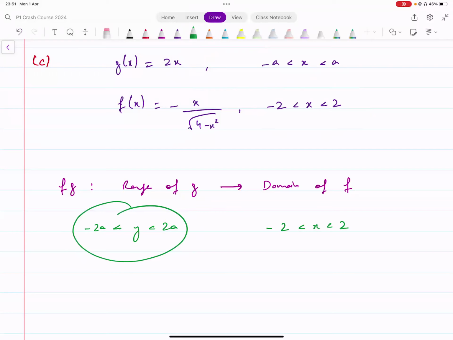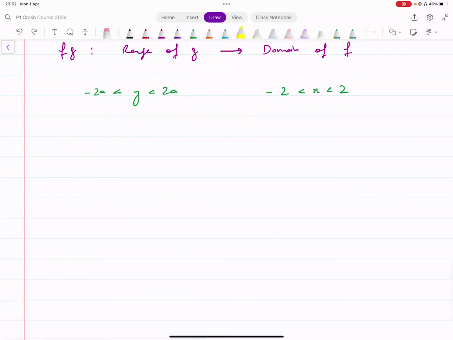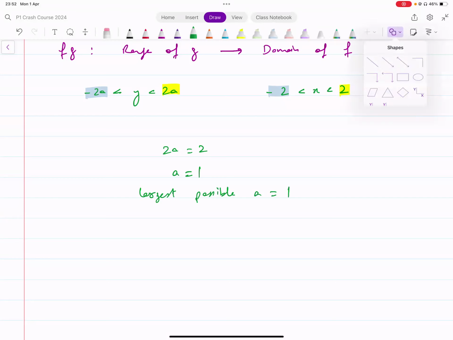Now, since all of it has to be part of the domain of f, what does that mean? 2a should correspond to 2. Minus 2 should correspond to minus 2a. You can use any of those two numbers. You can say 2a, for example, is equal to 2. That gives you a equal to 1. The largest possible a is equal to 1.